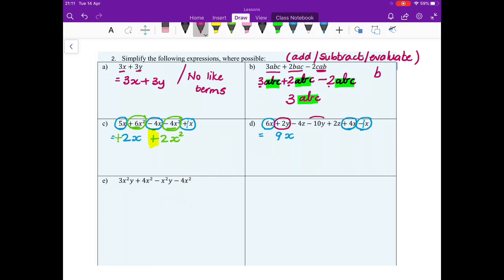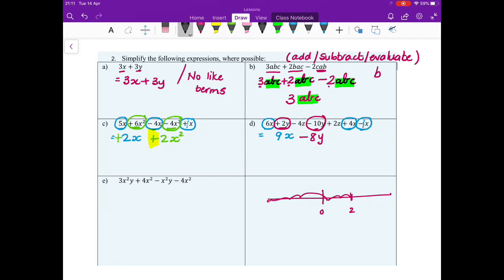Now I have a 2y and I have a negative 10y. So I'm going to write down my family name, which is y, and I'm going to say plus 2 minus 10. Remember, if you were on the number line, you are at positive, here's 0, you are positive 2 and you are going to minus 10, so you will be minus 8.